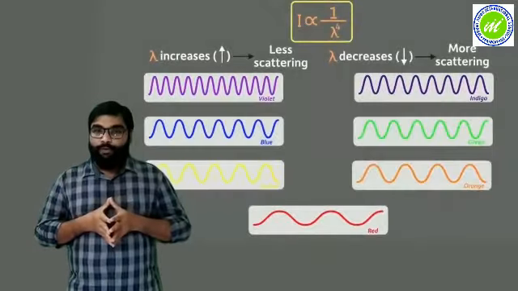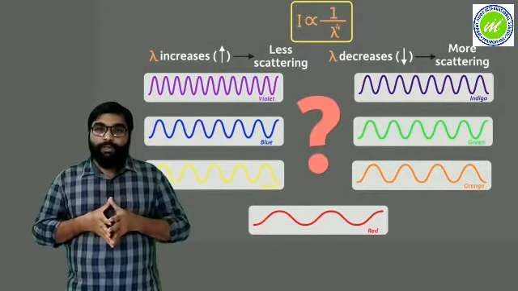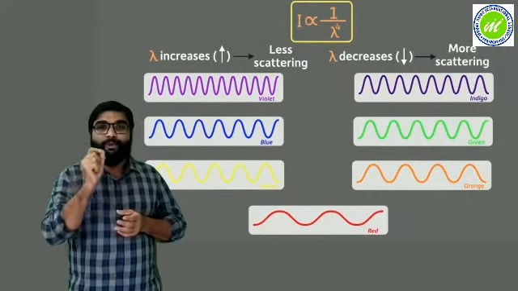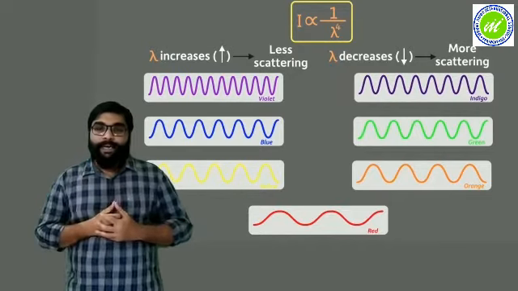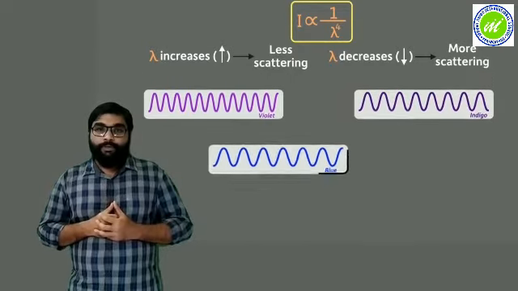As I told you before, among Vibgyor, the minimum wavelength is for violet and maximum wavelength is for red light. So violet, indigo, blue are having minimum wavelength and red will be having maximum wavelength.